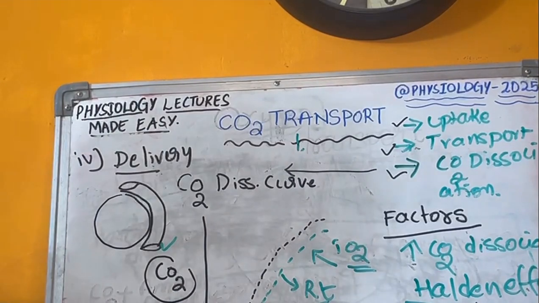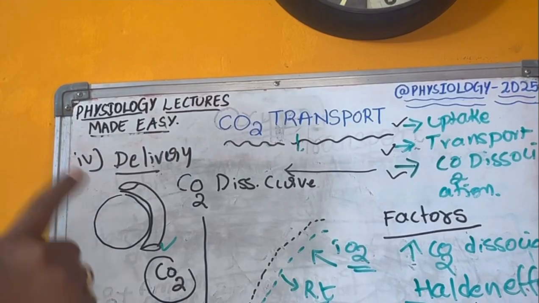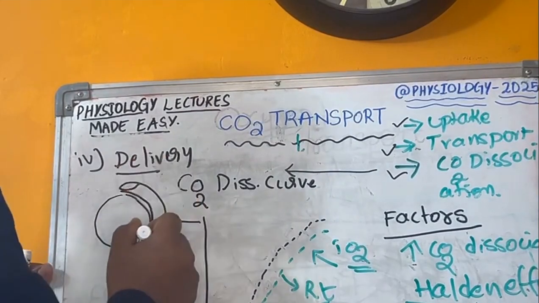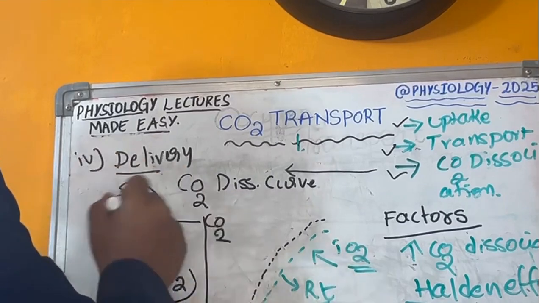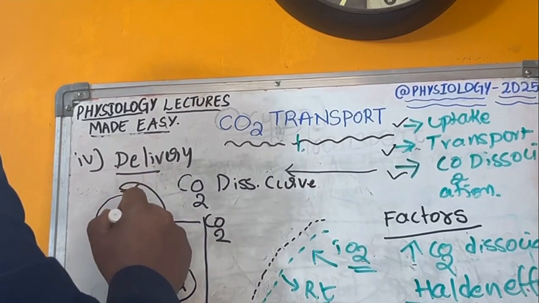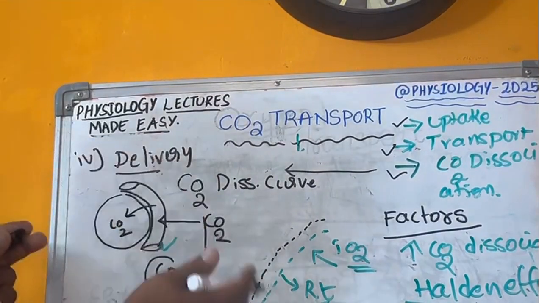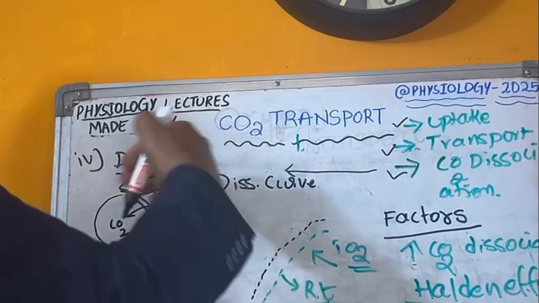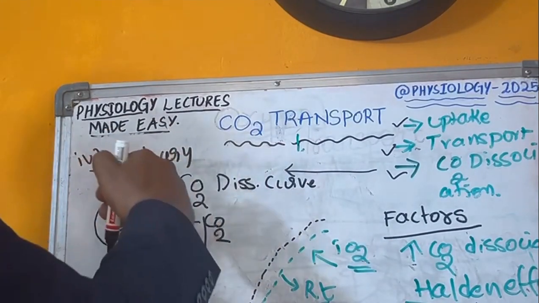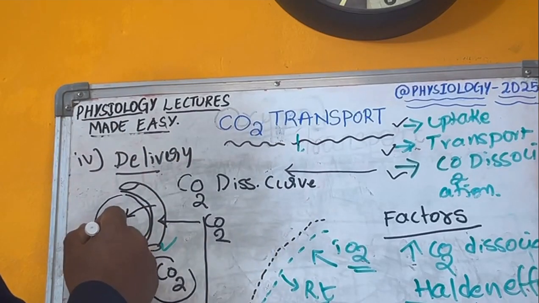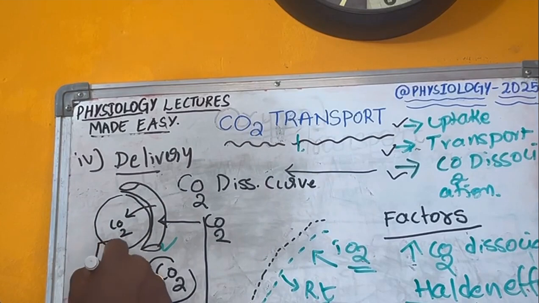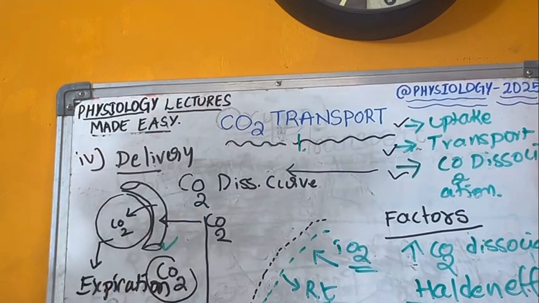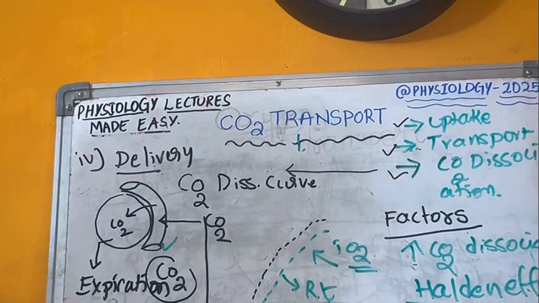When the venous blood delivers to the lungs in expired air, through the pulmonary capillary, carbon dioxide is delivered into the alveoli due to the pressure gradient. From the tissues, carbon dioxide is released from the capillary into the alveoli. From all the alveoli, as a part of expiration, a large amount of carbon dioxide is sent out of the body. So here the delivery again depends on three factors.